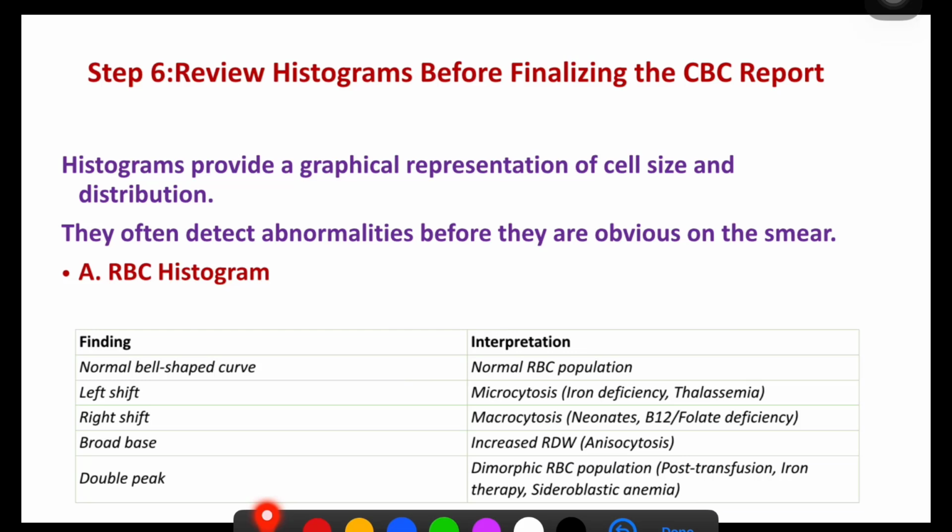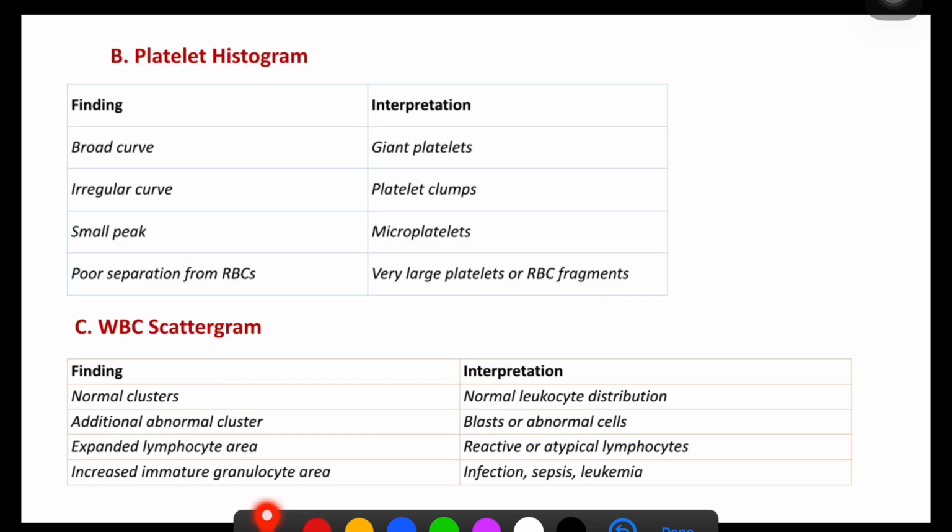So RBC histogram: if it is a normal bell shaped curve, normal RBC population; left shift, microcytosis; right shift, macrocytosis; broad base means increased RDW and anisocytosis; double peak suggests post transfusion or any therapy, iron deficiency treatment, and sideroblastic anemia.